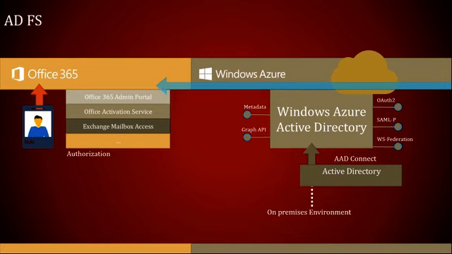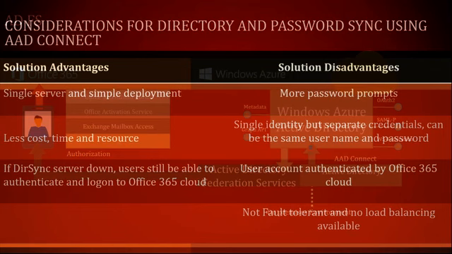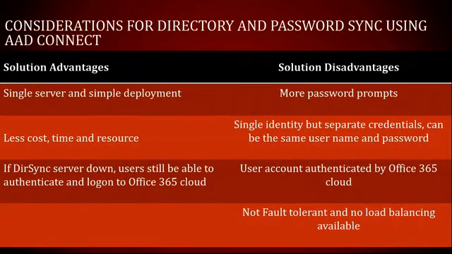Why did I spend a little bit of time explaining these two approaches? It has a direct impact on how you design and implement your security structure when it comes to SharePoint Online and SharePoint 2016 on-prem. I'll get into that right now.